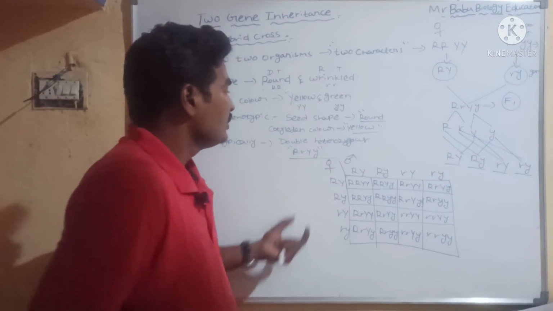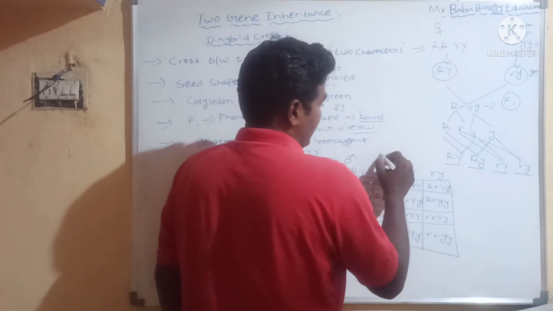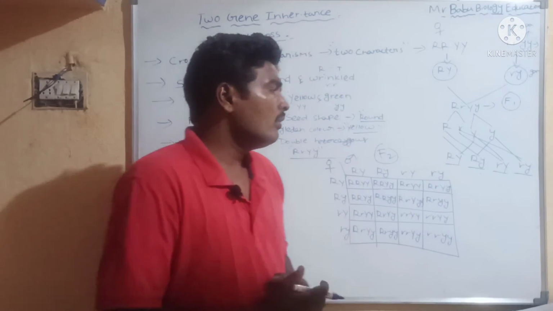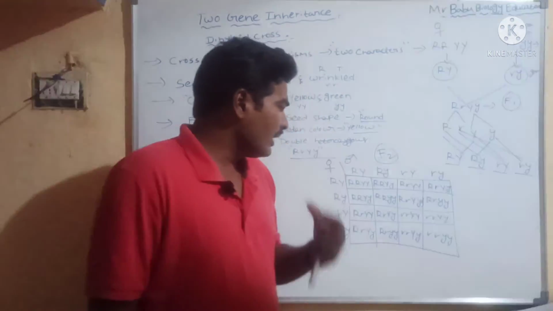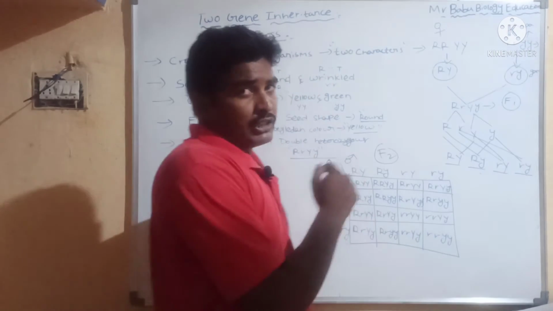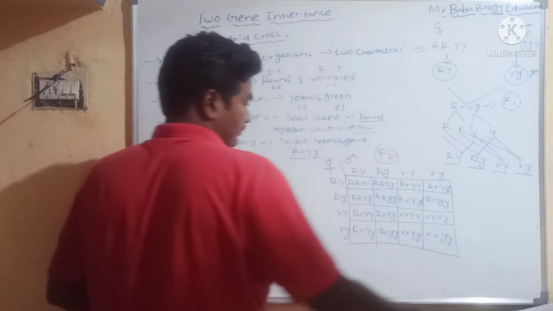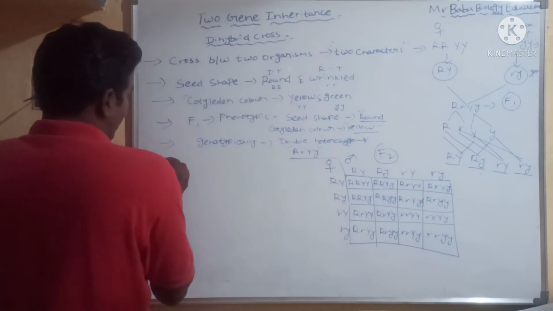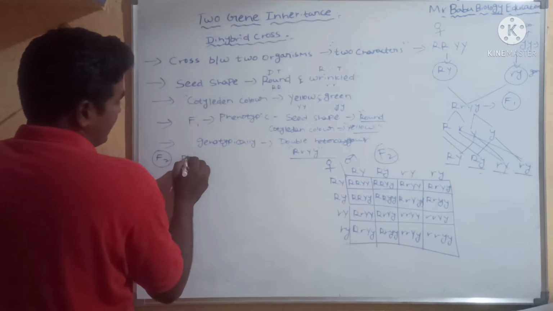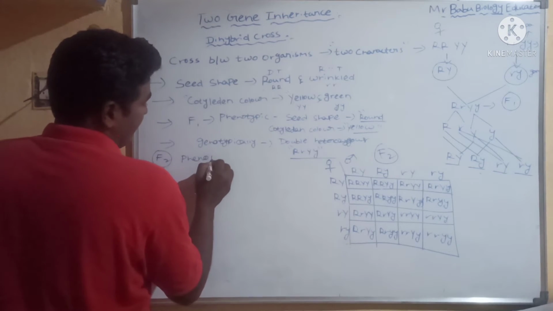Now here, this is the F2 generation. Now we can identify the phenotypic ratio and genotypic ratio. Let us see the first one, phenotypic ratio in F2 generation.